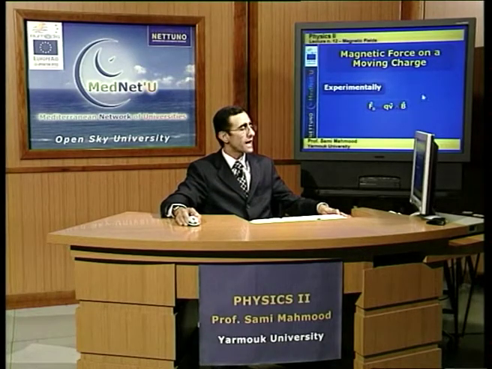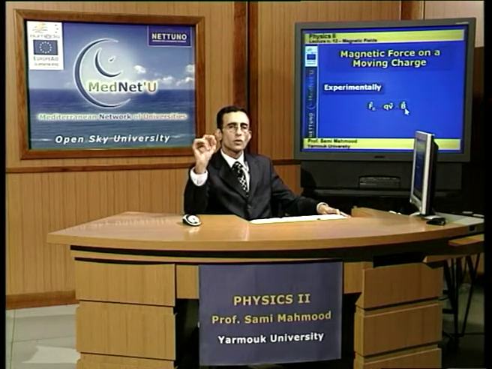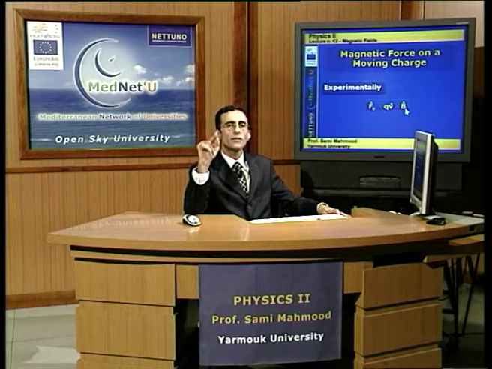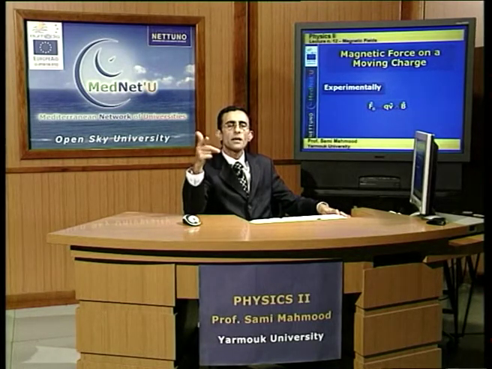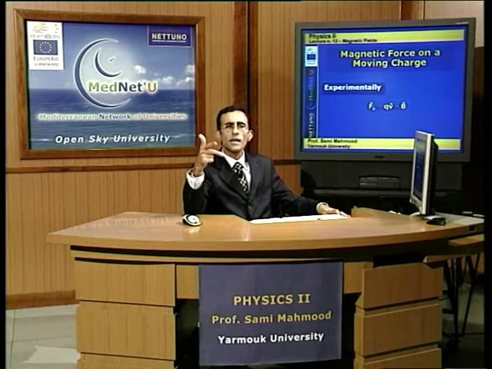That means that if the charge is positive, the direction of the magnetic force on the moving charge is in the same direction as v cross B. And that direction can be obtained by using the right-hand rule.